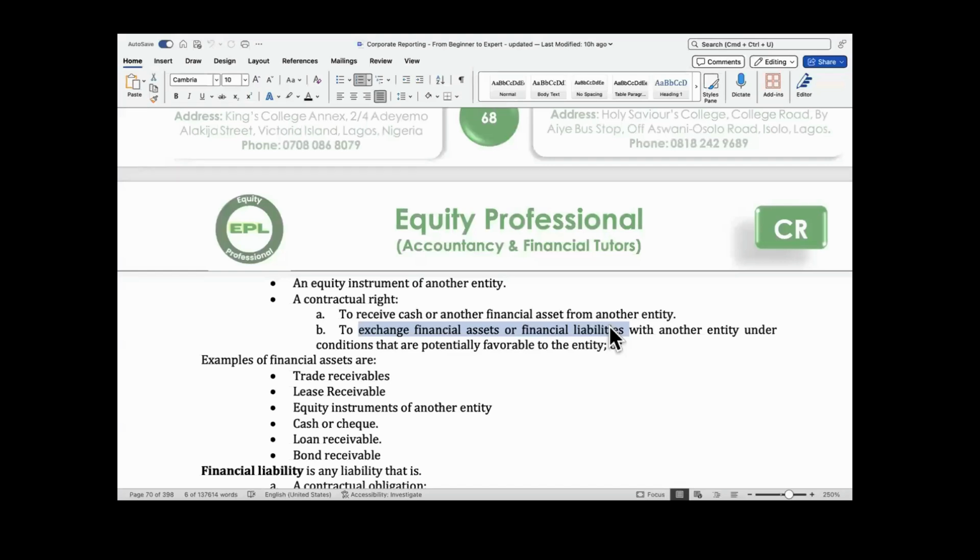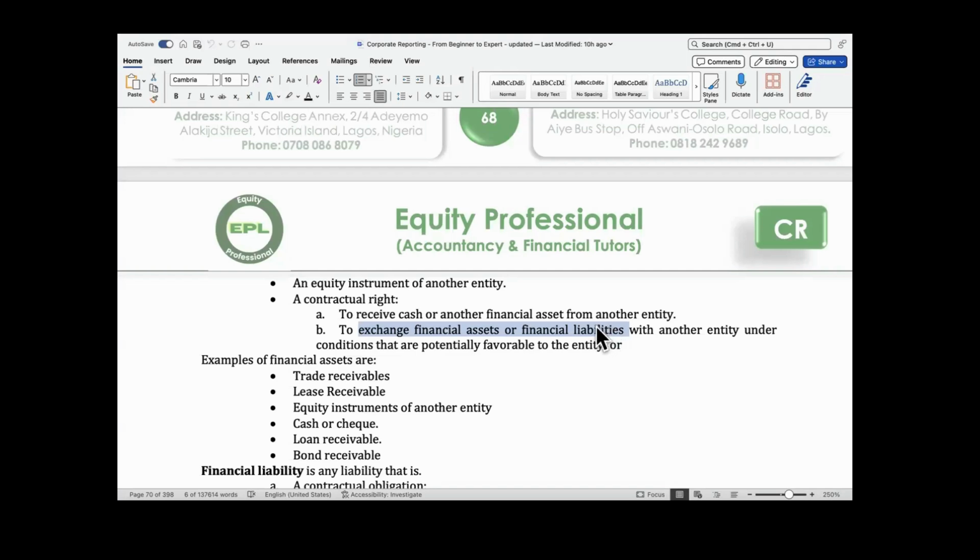I mean, we can exchange loans. I can have lent somebody money, and you have also lent another person money. We can exchange. Why do you want to go and pursue my own borrower? It happens, it's just not common here. But it's possible to exchange financial assets or financial liabilities under conditions that are potentially favorable.